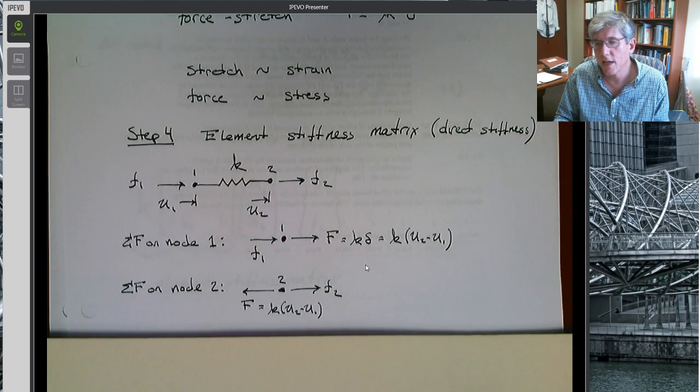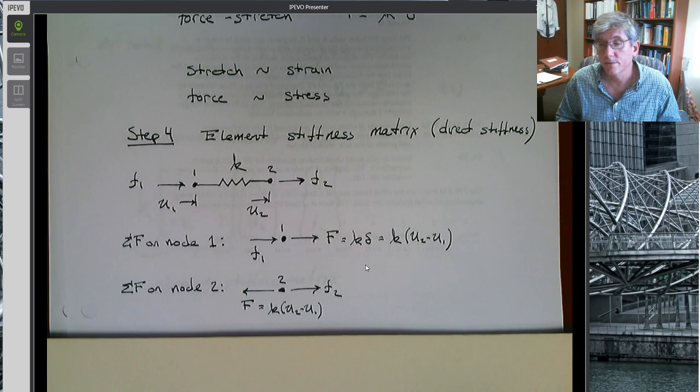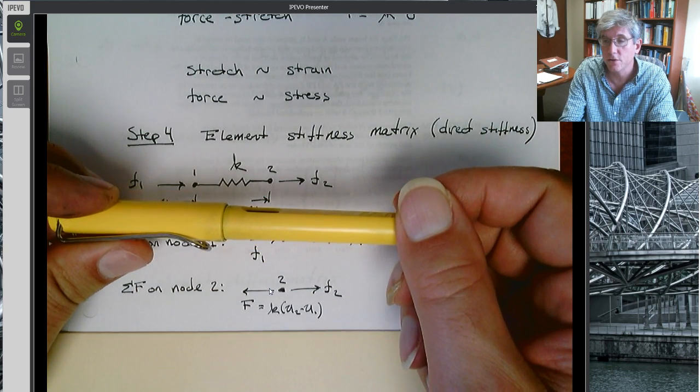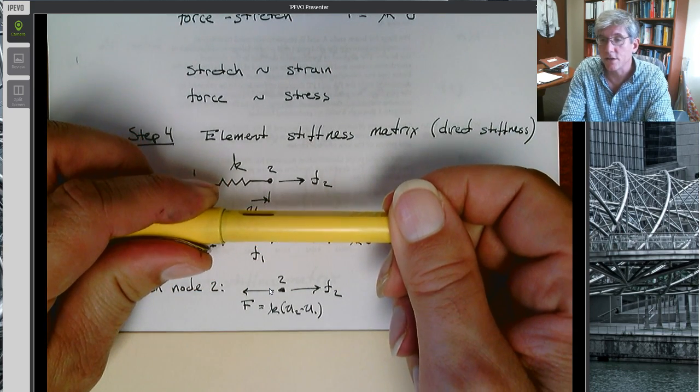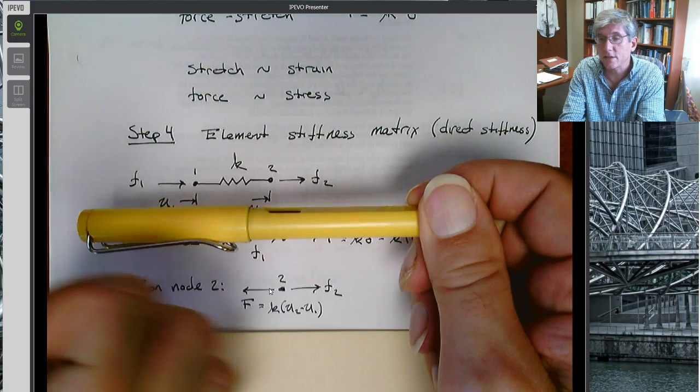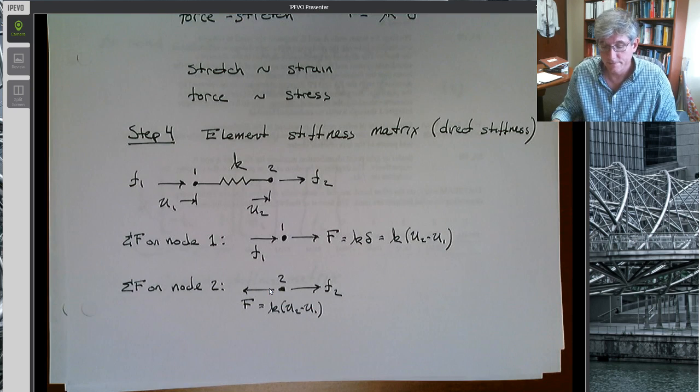Likewise, we can do the same for the second node, right? And so here we have node 2. Here's the external force, again, acting to the right. But now the internal force is acting to the left, because if this is the element and we're doing equilibrium at node 2, if it's in tension, the internal force is actually going to be acting to the left, all right?